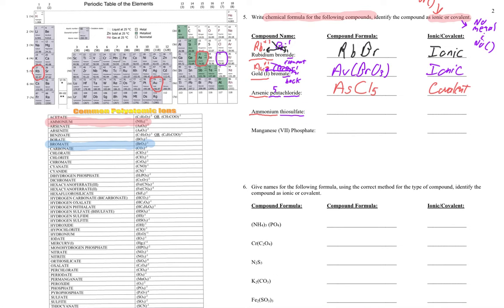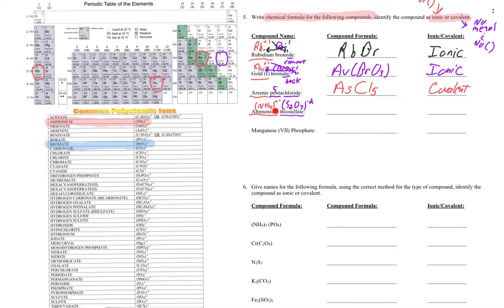So we can find it on the back of the periodic table, very bottom. S2O3 in parentheses with a -2 charge. So what we have to do is write down these symbols. Ammonium, NH4 with a +1 charge. Thiosulfate, S2O3 in parentheses with a -2 charge.